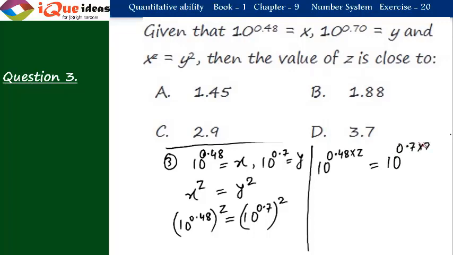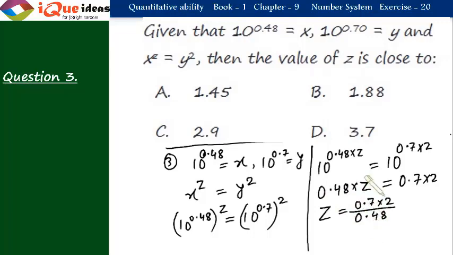So the powers can be equated because the bases are the same on both sides. Bases are 10. So 0.48 into z is equal to 0.7 into 2. So z is equal to 0.7 into 2 divided by 0.48. If you remove the decimals, it becomes 70 into 2, that is 140 divided by 48.